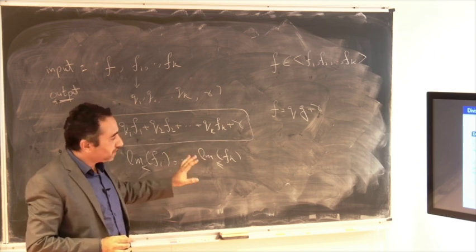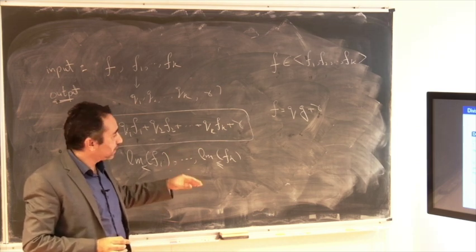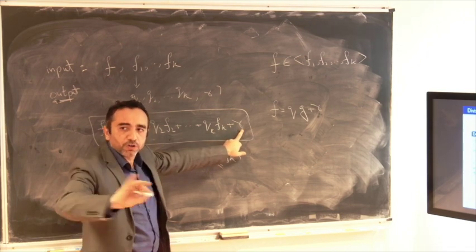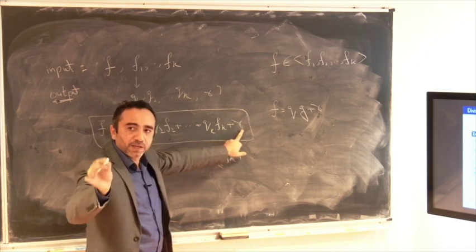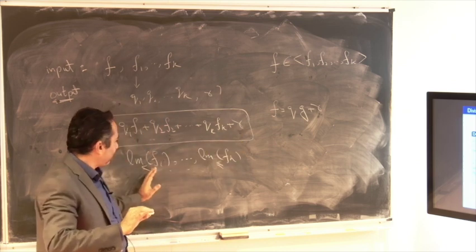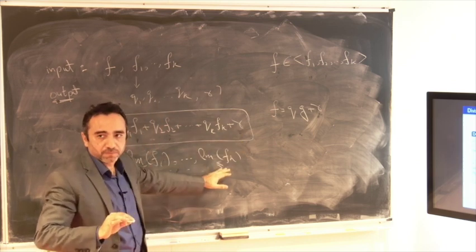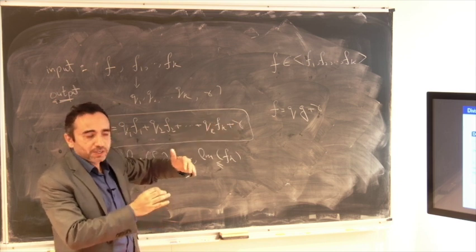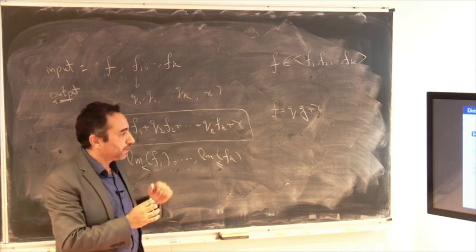So the condition on r in this case would be that no term in r is divisible by any of the leading monomials of f1, f2, and fk. So this is an extension of the division algorithm from the one variable case to the more than one variable case.